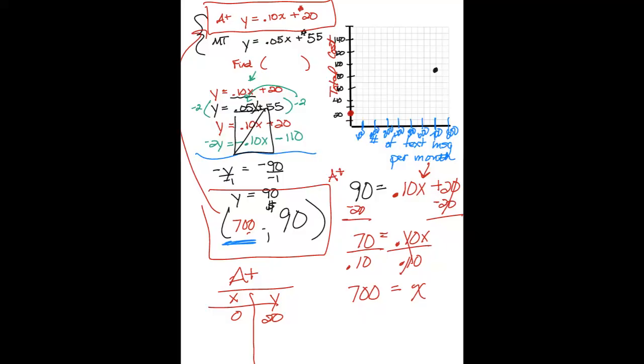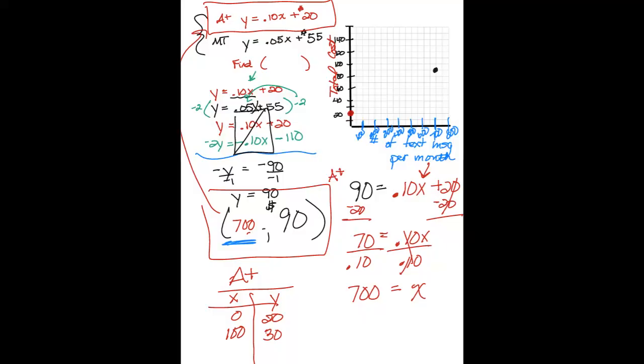Next, this is going up by 100, so let's put in 100. 100 times 10 cents is going to be $10. So $10 plus the 20 that's there gives me a total of $30.